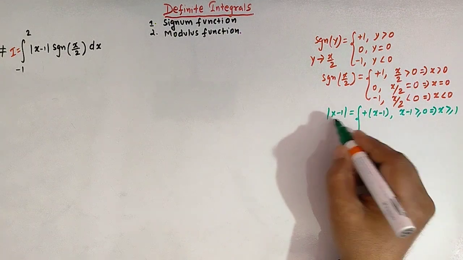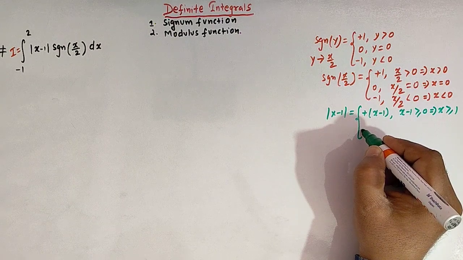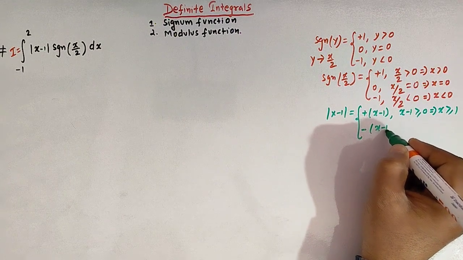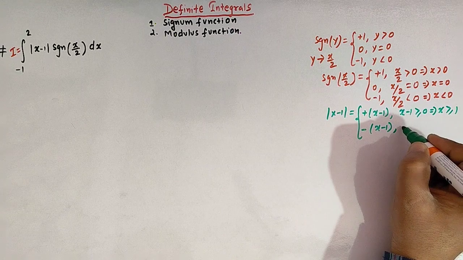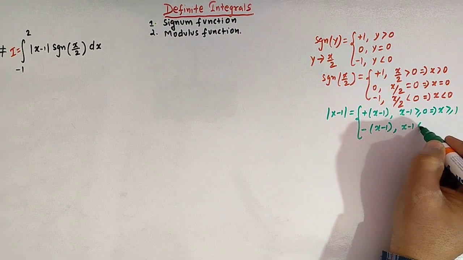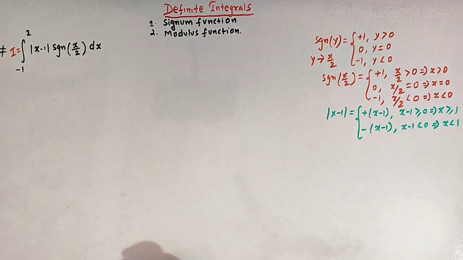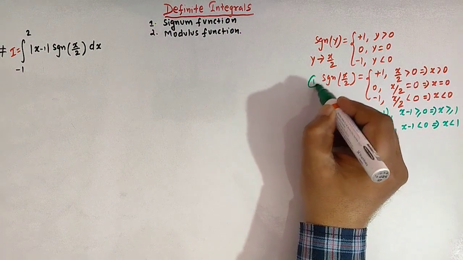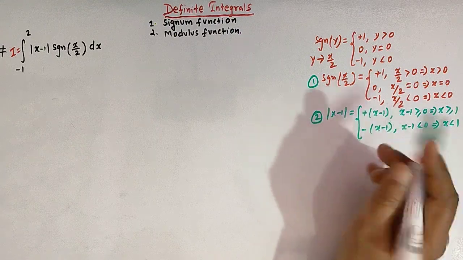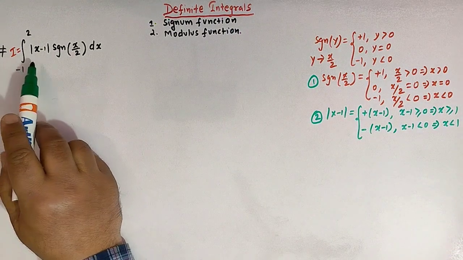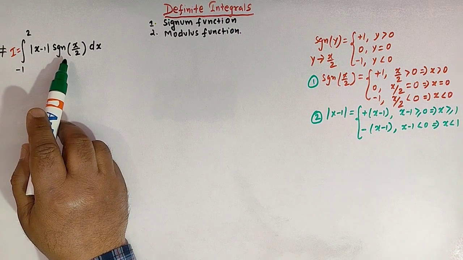And mod of x minus 1 is equal to negative of x minus 1 whenever x minus 1 is less than 0, which implies x less than 1. These two definitions will be used while solving this integral.